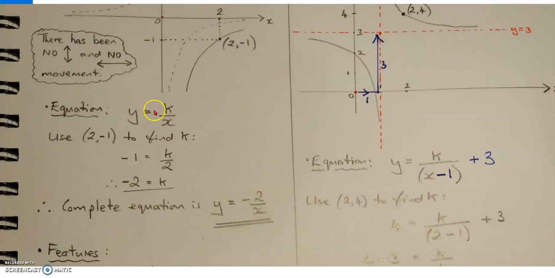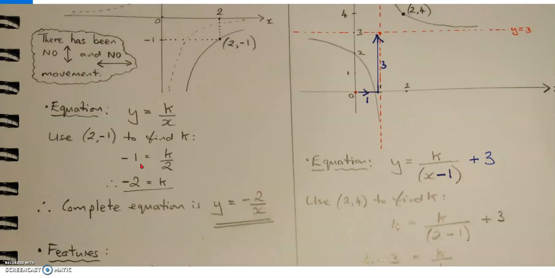And if we put in a negative value here, we're going to get a conflict, and it's going to come out positive. And you'll be going, oh my gosh, why does it come out positive? Okay, so just put k there, and then use a point that sits on the curve, which 2, minus 1 does. Put them in, and you will find that k comes out as negative. It generates a negative value, which is what you expect.